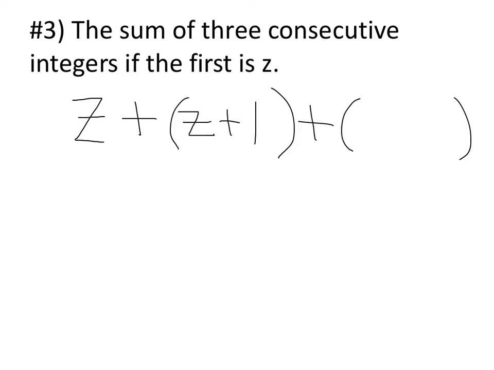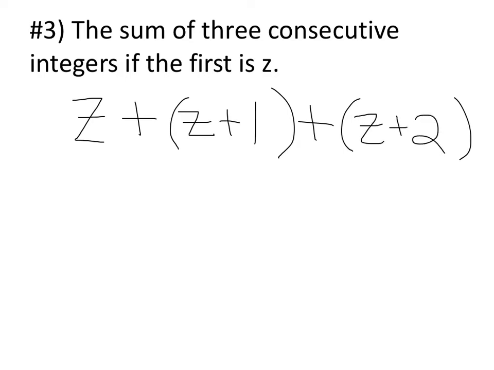So going back to the same example I just used, if we were talking about 1 and then 2, the following integer would be 3. So the pattern from 1 to 3 is plus 2. Or if we did 5, next would be 6, then 7, the pattern from 5 to 7 is plus 2. So if we did z and then z plus 1, what would make sense would be z plus 2.